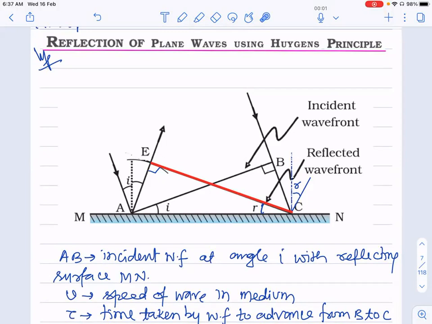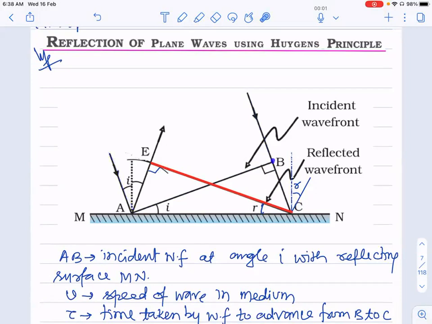ये reflecting surface है देखो. And AB is the incident wavefront. Point A is just hitting the reflecting surface at any moment, but B is lagging behind. These are the rays.